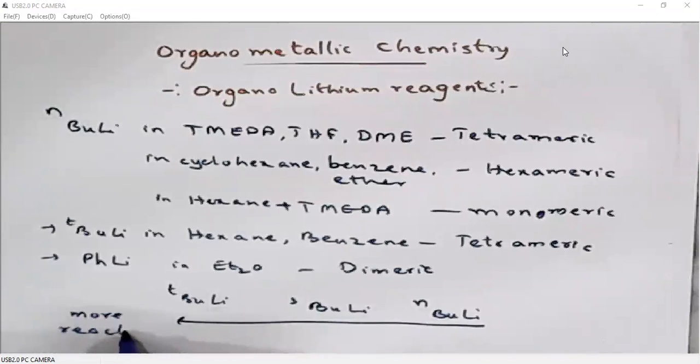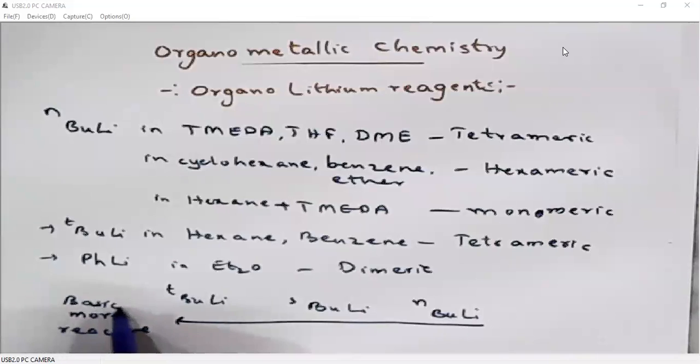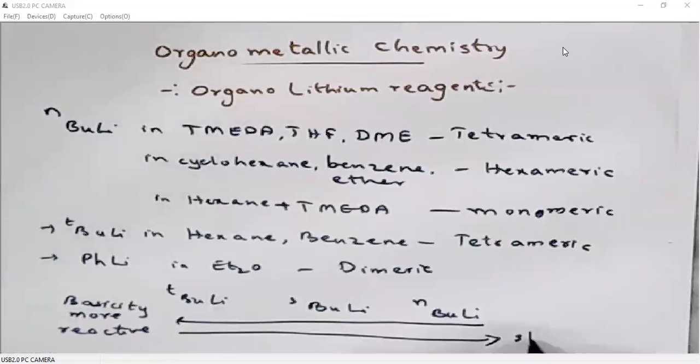Mostly tertiary butyl lithium acts as a base, so it is more basic in nature, and at the same time it is more reactive. On the other hand, we know stability is inversely proportional to reactivity. So when we look at stability, n-butyl lithium is more stable.